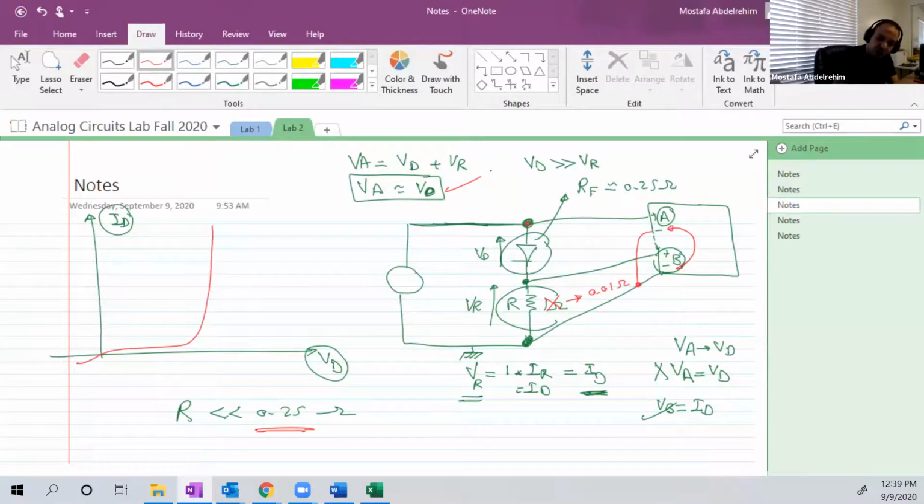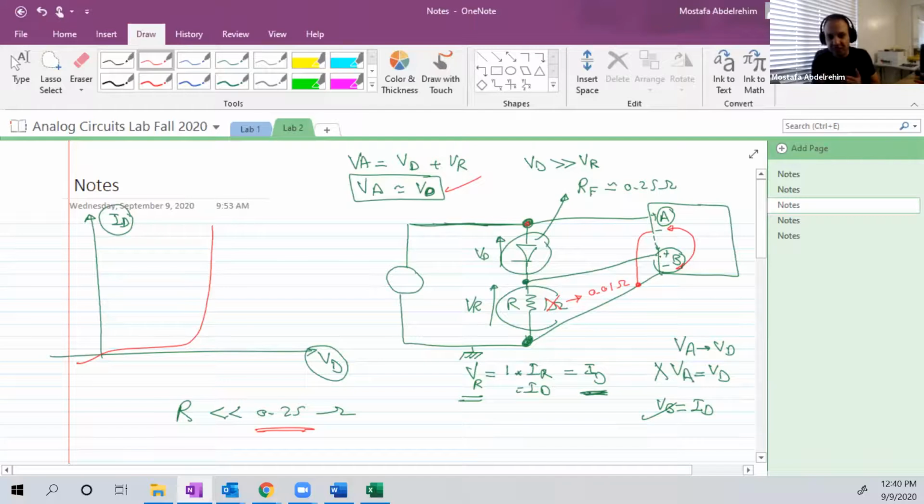The voltage on channel B is not exactly equal to ID, but this is easy to fix, because now the voltage on B is VR, equal to 0.01 multiplied by ID. So this is what we will get on the screen. Any value you get from there, just divide it by 0.01, and you will get ID. So that's easy.